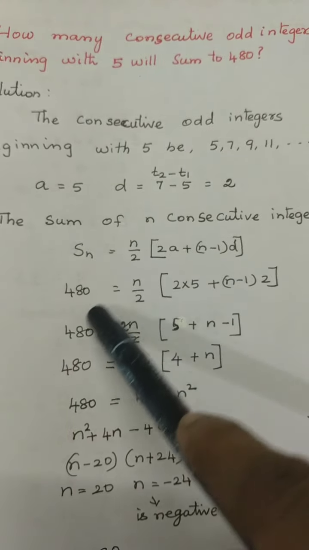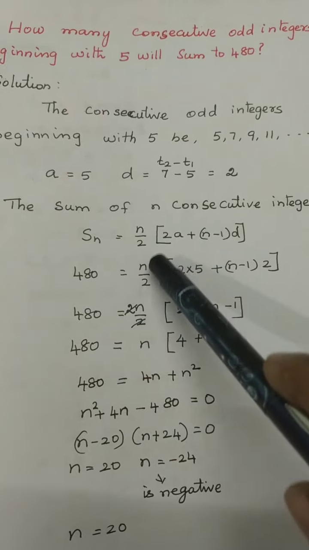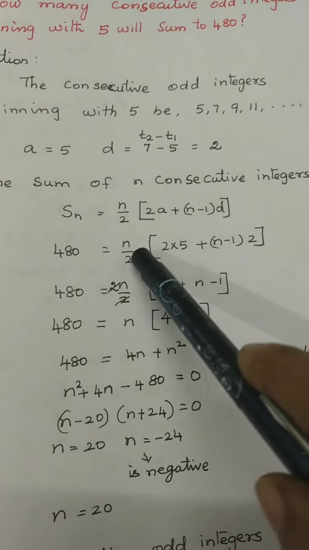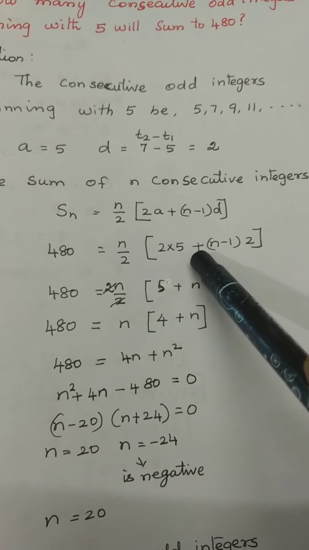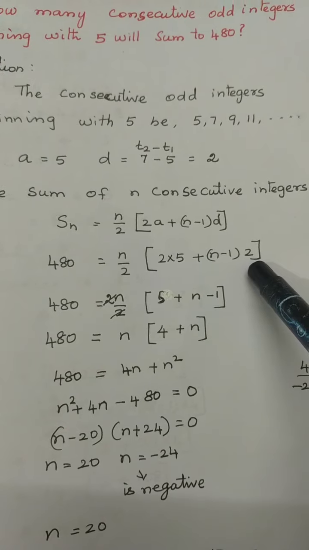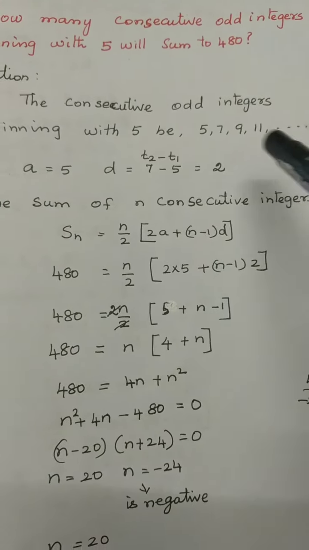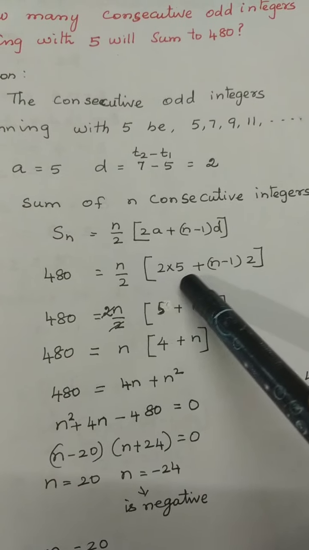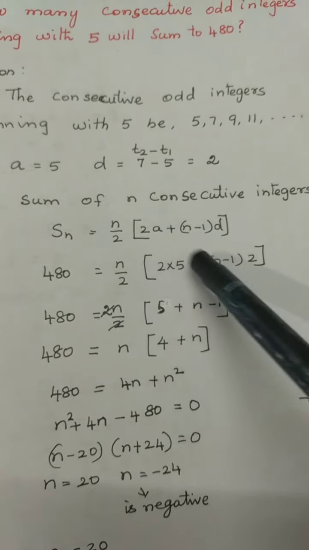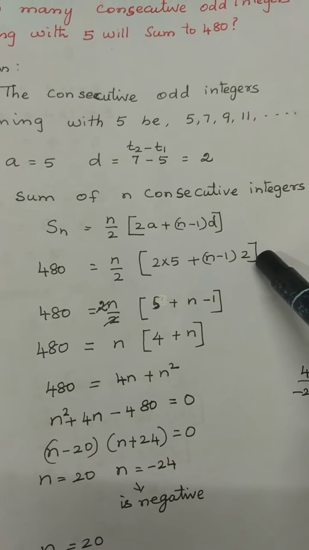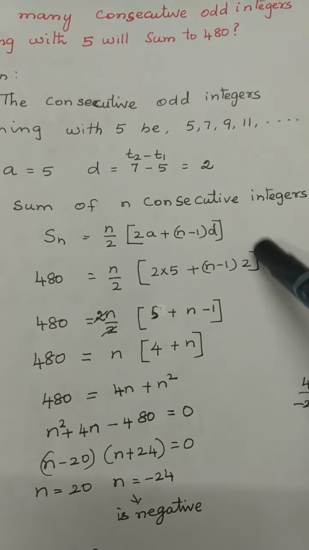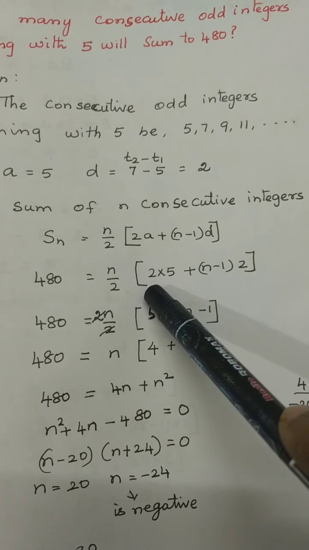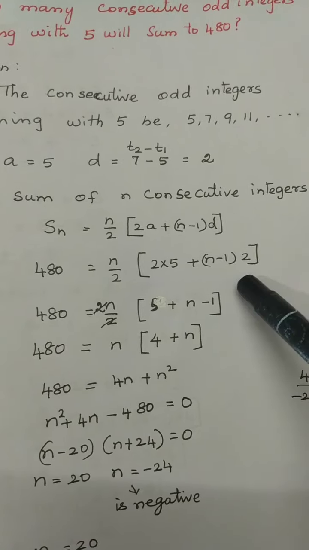Here Sn they have given as 480. Then n by 2 into 2 into 5 plus n minus 1. Now we don't know n, the number of terms. So n minus 1 into d, we know d is 2. Then you have to take 2 outside, because both the first term and the second term have 2.